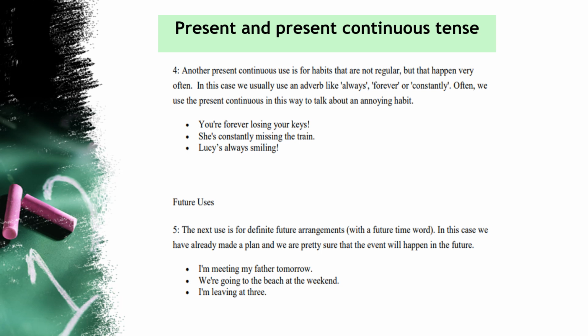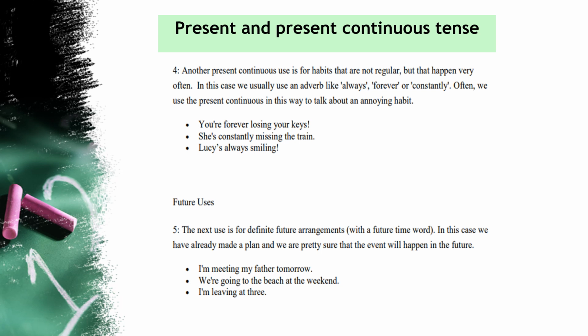I'm meeting my father tomorrow. This is the very near future, and that is definitely happening. We are going to the beach at the weekend. I'm leaving at 3 o'clock.